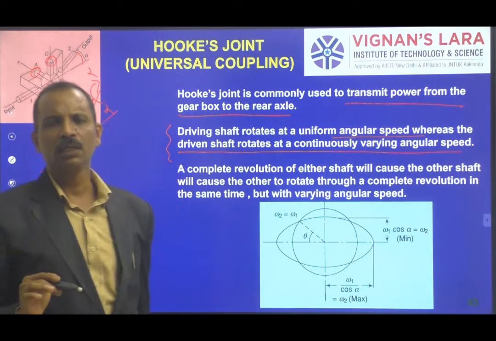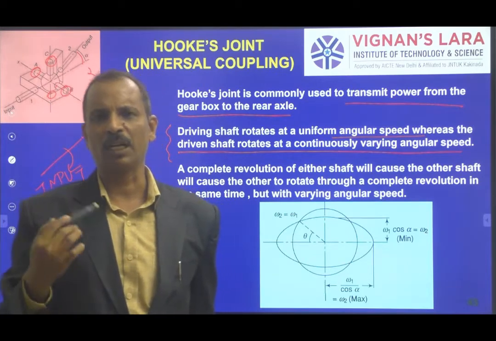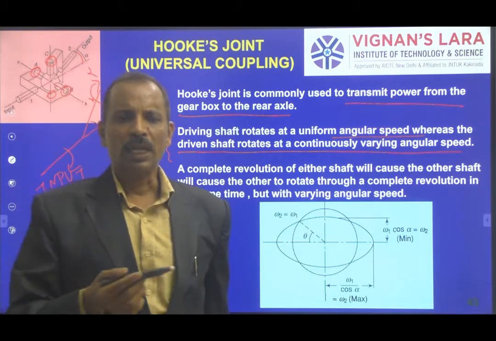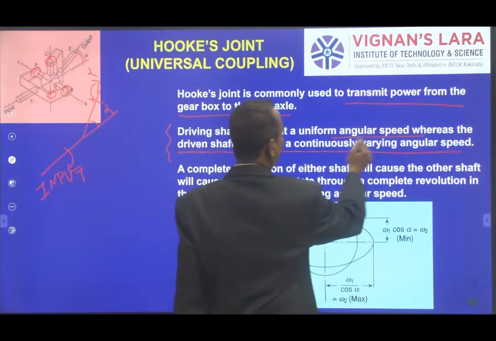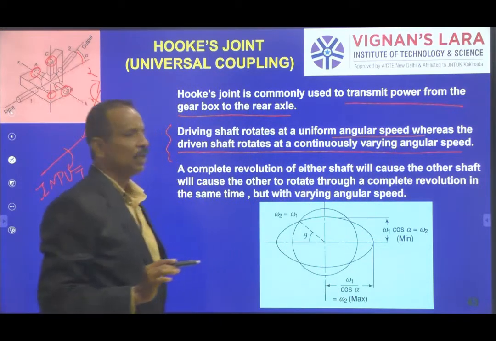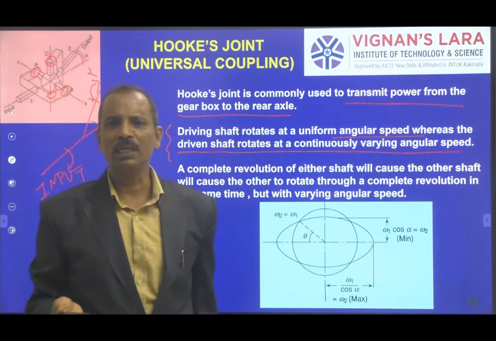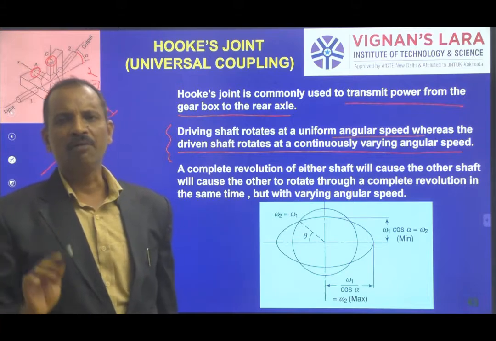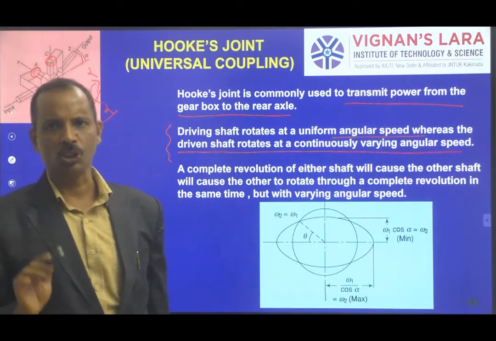What is it? My objective is to transmit the power from the driving shaft to the driven shaft. The driving shaft is revolving with a constant or uniform angular speed, but the driven shaft is not; it varies its angular speed from position to position.